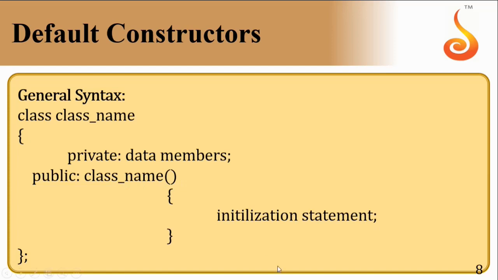Inside that you can write any initialization statements. It is a default constructor because it does not have any arguments passed to it, and it does not return any value. It has the same name as the class name and is declared in the public section of the class. This is the general syntax of a default constructor. Please have a look.